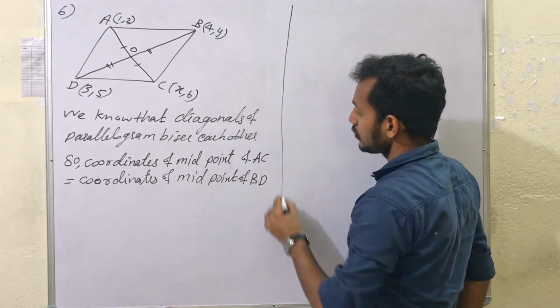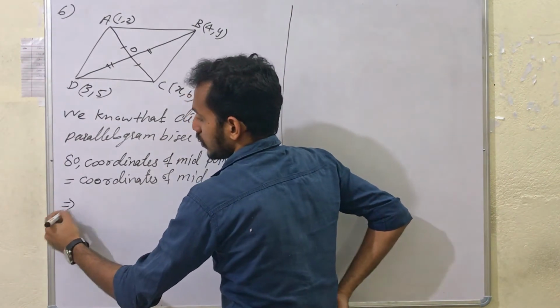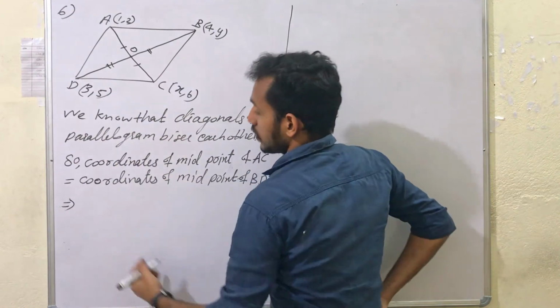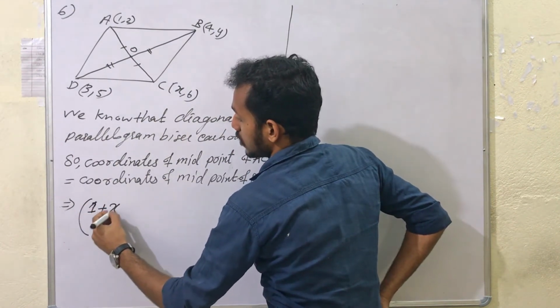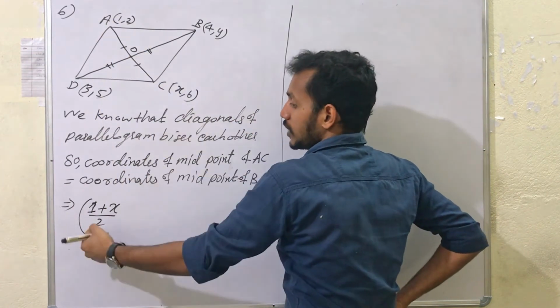Clear? Now that implies, what is the midpoint of AC? x1 plus x2, that is 1 plus x, divided by 2.